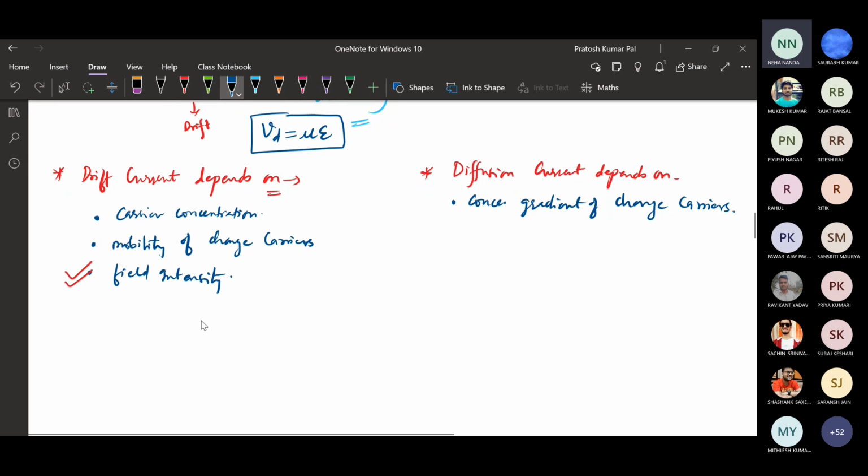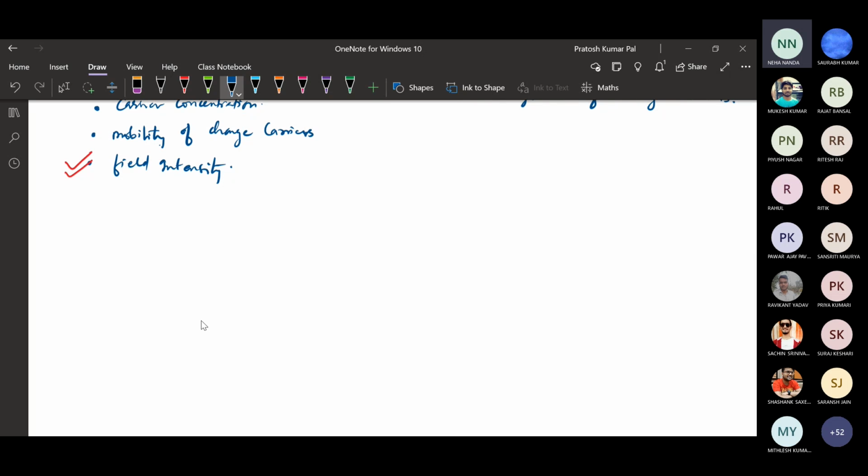So the next point we will see is relating the diffusion coefficient and the mobility. There is a relation called the Einstein equation, or Einstein relationship.